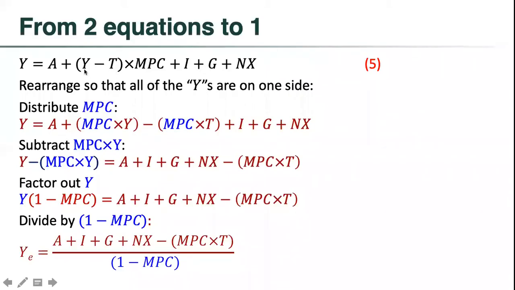Keep in mind, one thing that I think was confusing in an earlier section is that this y right here is supposed to represent income, but this y here represents real GDP, and we're saying they're the same thing. That's actually an assumption in the aggregate expenditures model, right? Remember, in equilibrium, if everything that gets produced is spent, then your real GDP and overall income are going to be the same.